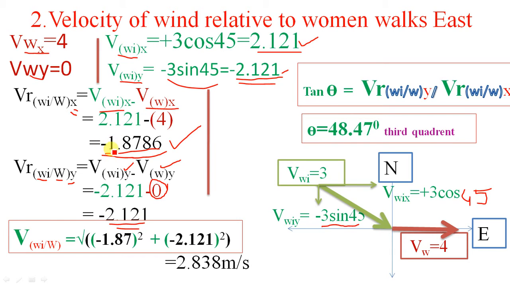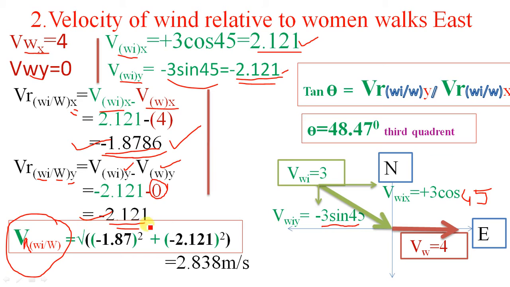So x component is negative, y component is negative, so it indicates that the velocity is in the third quadrant. Obvious, because both are negative. So in order to find the relative velocity of wind with respect to woman, we have to take the square root of the sum of squares of the relative velocity of wind with respect to woman in x direction and in y direction.